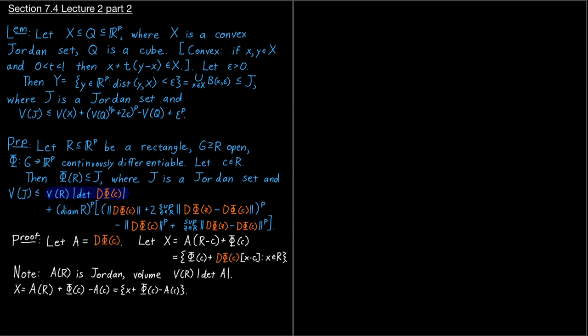And it is an exercise, not particularly hard, to show that X is also Jordan with the same volume. That is, if you just add a constant to every point in a set, that's like moving that set, and unsurprisingly, it doesn't change the volume.